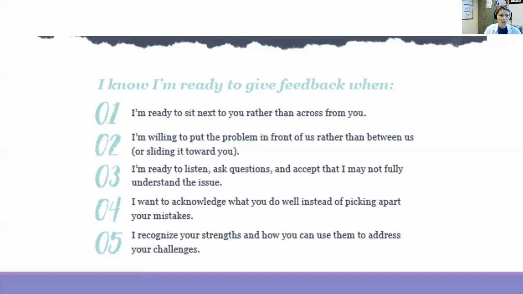Number 3, I'm ready to listen, ask questions, and accept that I may not fully understand the issue. The last part of this is something that I personally like to keep in focus, because I don't want to make a decision or come to a conclusion based on incomplete facts.